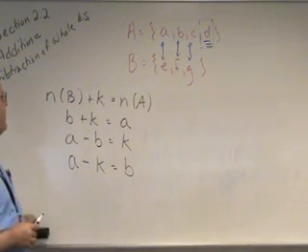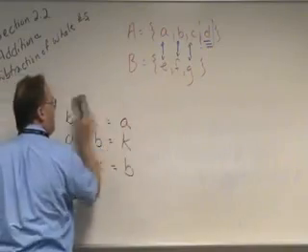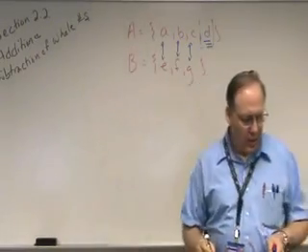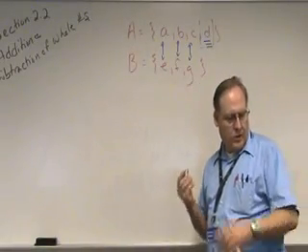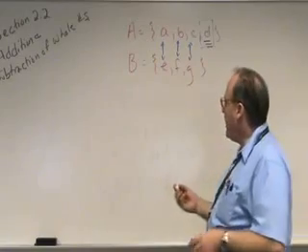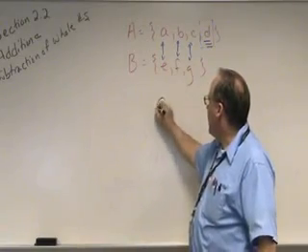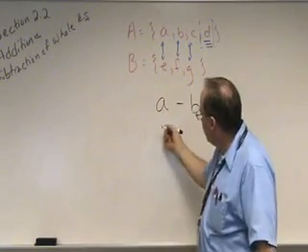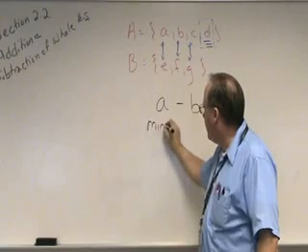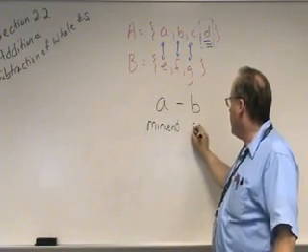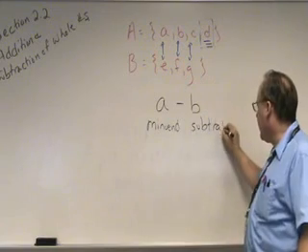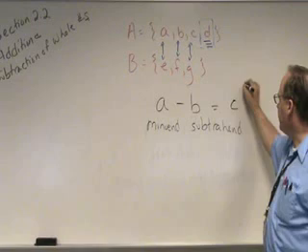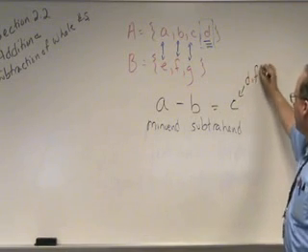Now, generally speaking, I can define subtraction by addition. So let's talk about two whole numbers, A minus B. This part is also called the minuend, this part is called the subtrahend, and this part right here is called the difference.